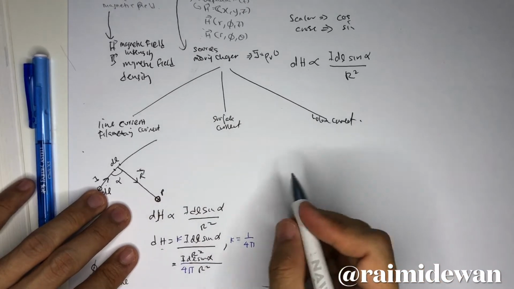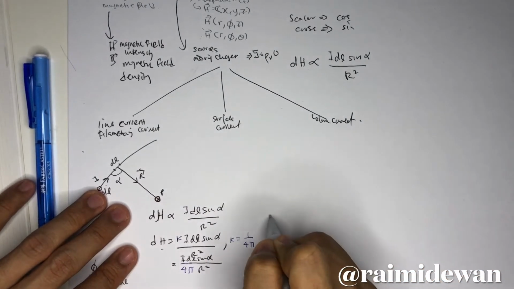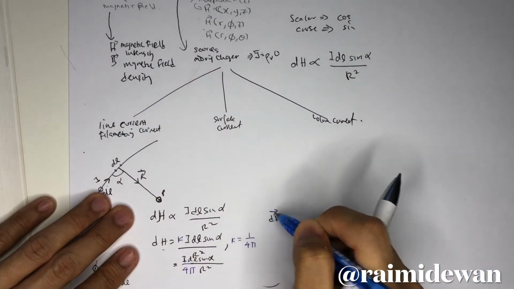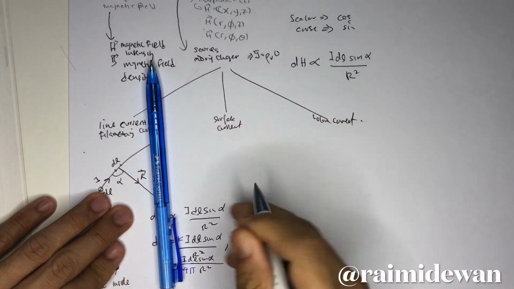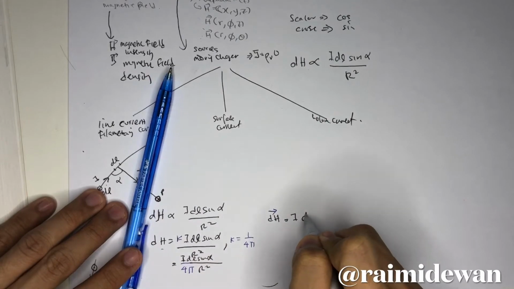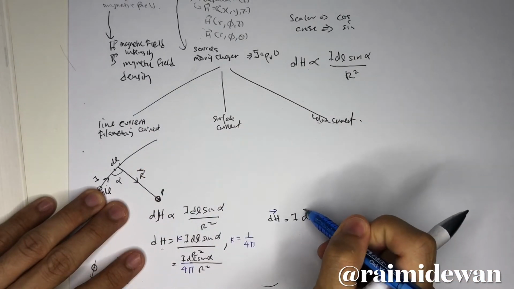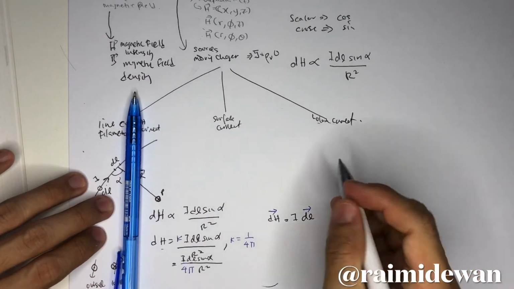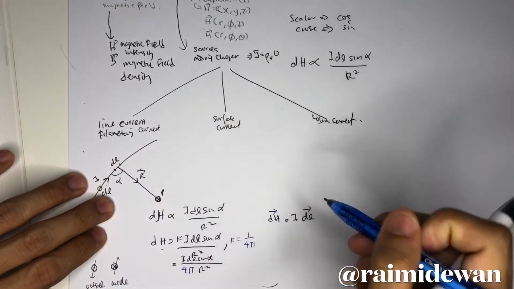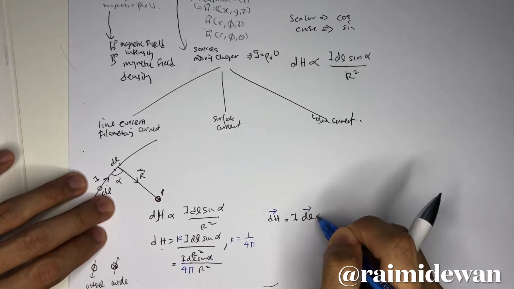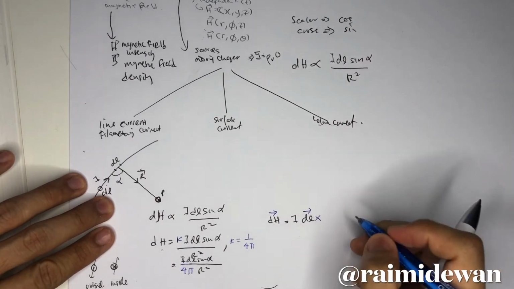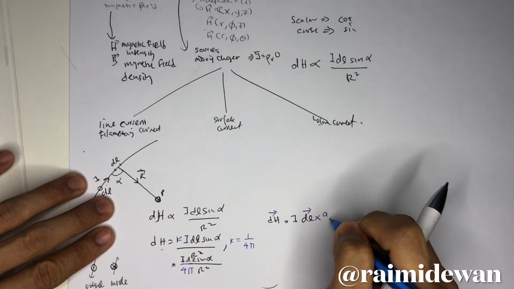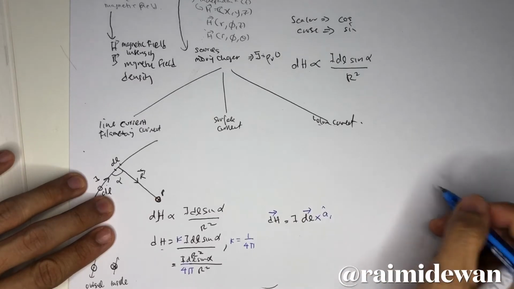So if you introduce vectors, you have I dl cross, because it's sine, cross aR, where aR is the unit vector in the R direction.